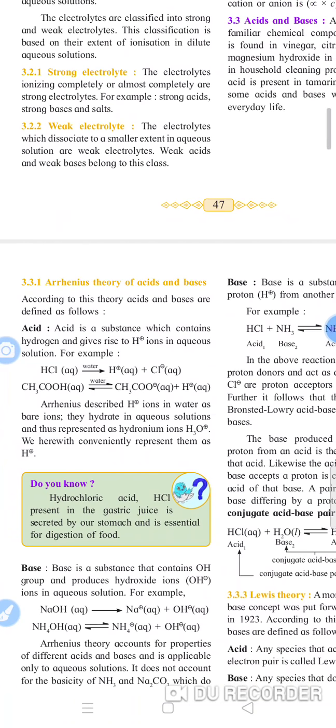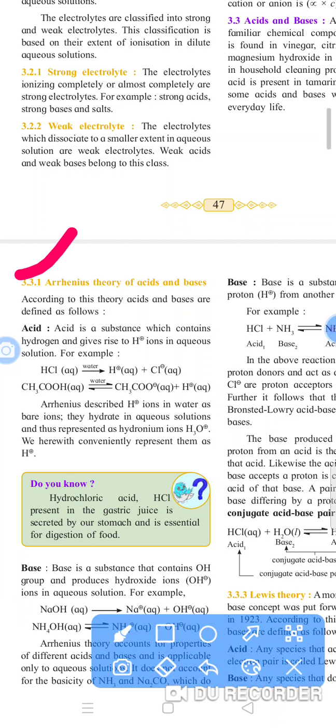According to the Arrhenius theory of acids and bases, different definitions are given by Arrhenius. An acid is a substance which contains hydrogen and gives rise to H plus ions in aqueous solution, or when dissolved in water. So acids are those substances which contain hydrogen and give H plus ions when dissolved in water.